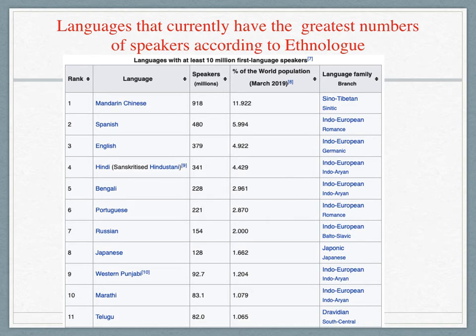So if we were in class, I would say, tell me which languages in the world are doing the best, or have the greatest number of living speakers. And many of you would say Chinese. And it's important at this point to make sure that you know, as many people don't know, China actually has many languages spoken within it.